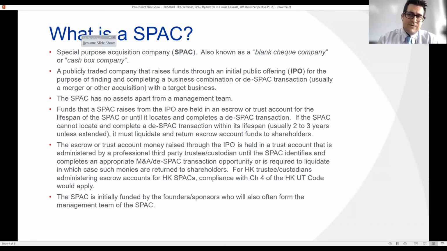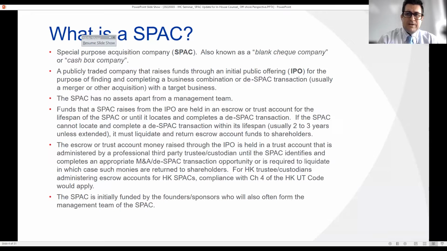If the SPAC is not able to locate and complete a de-SPAC transaction within its allotted lifespan, then those monies will be returned to the investors by way of a redemption of their shares prior to the SPAC liquidating and winding itself up.